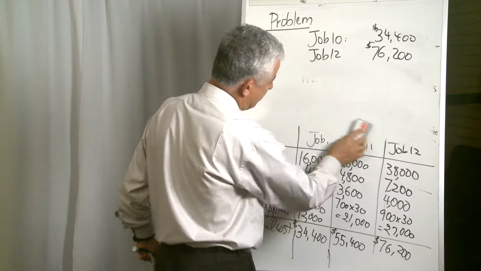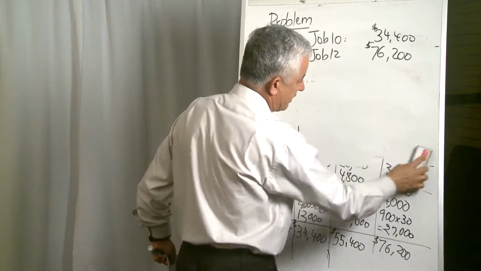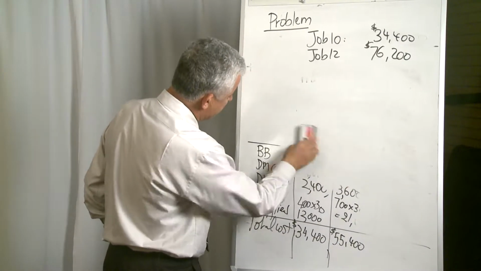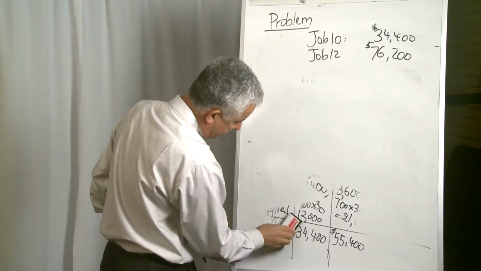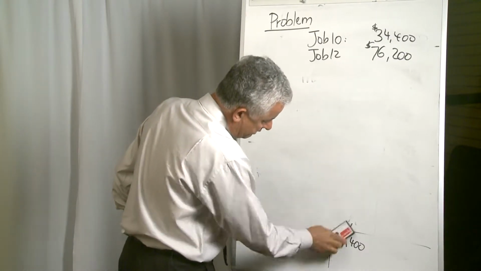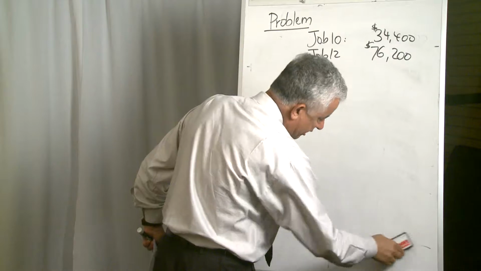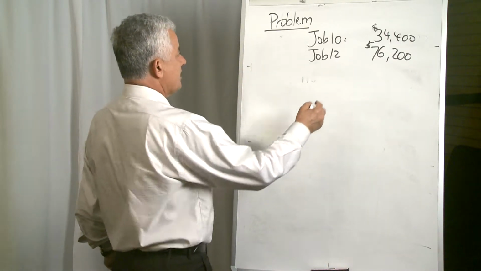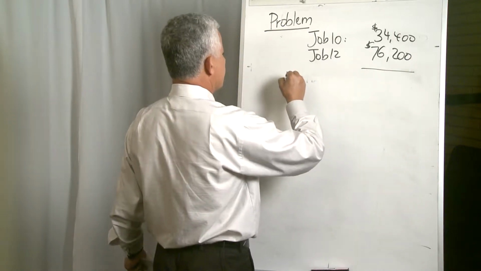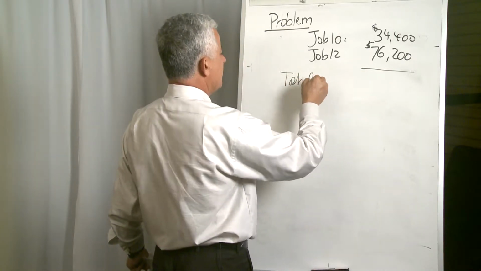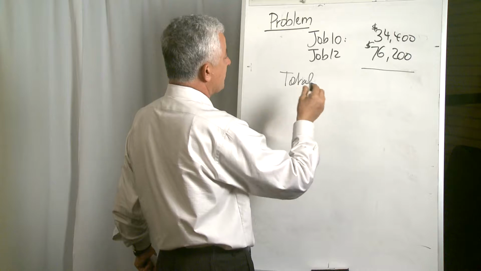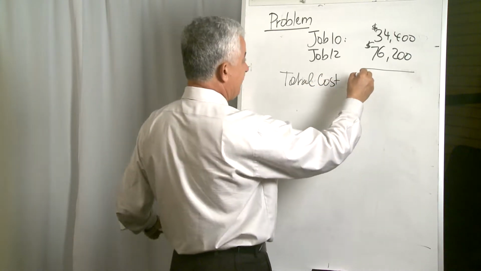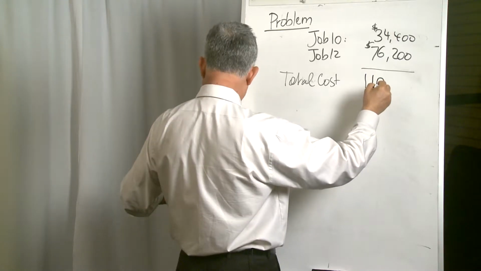They should be transferred from the work in process inventory account to the finished goods inventory account, because by definition the work in process consists of only those jobs that were not finished by the end of the period, right? So once they are finished, what is the total cost associated with these two finished jobs? Adding them together, we have 110,600.